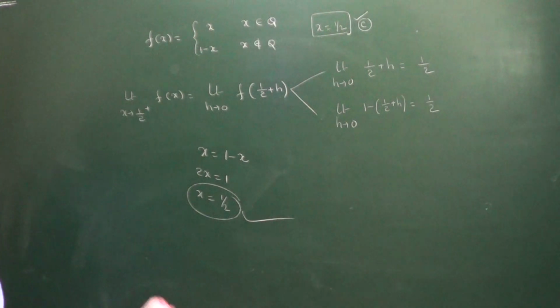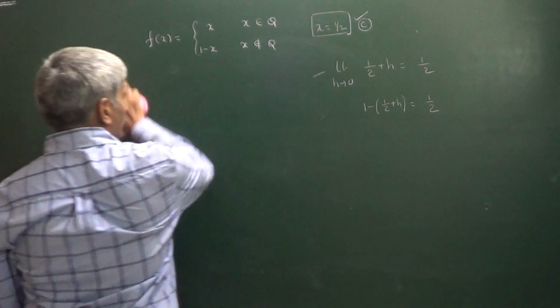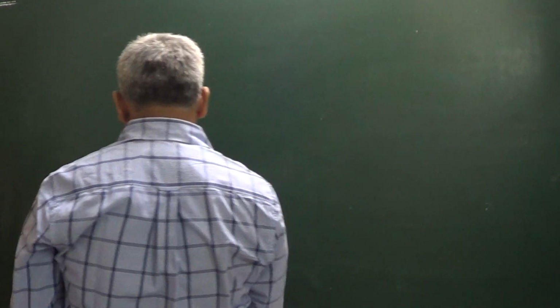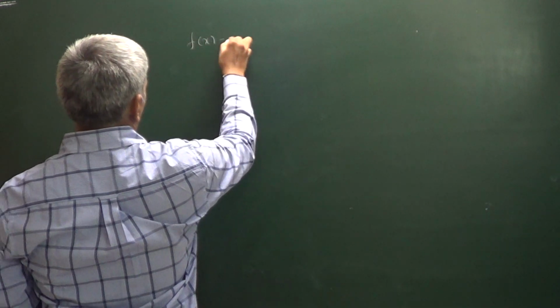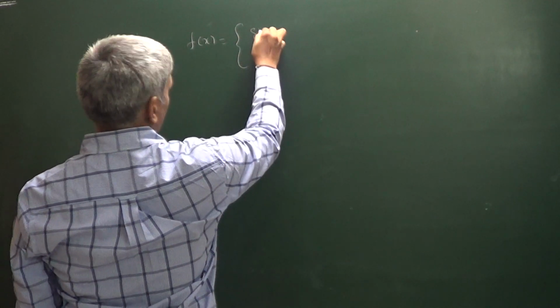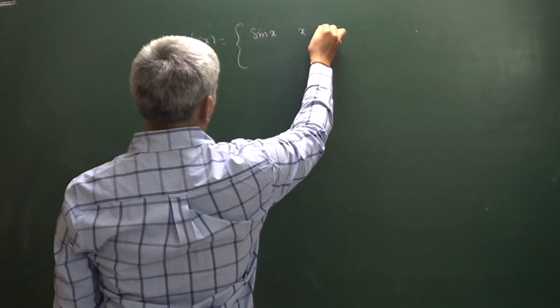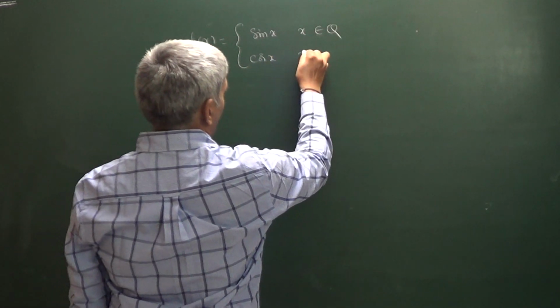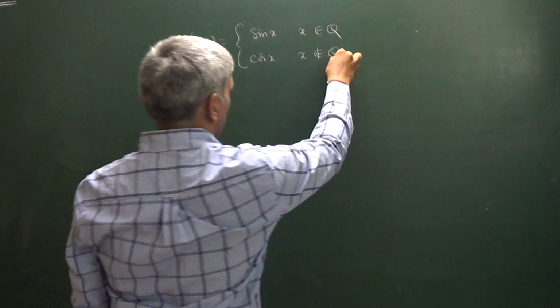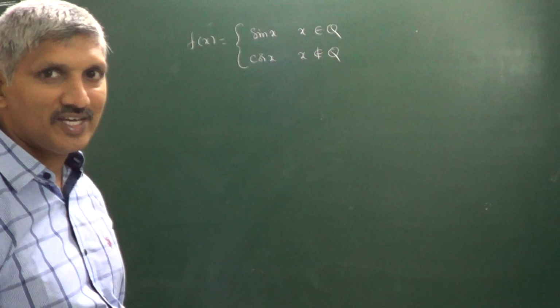With this, another example we will discuss with the same idea. Now the question is given like this. f of x is equal to sin x, x belongs to rational, that is equal to cos x when x does not belong to rational. What happens here?